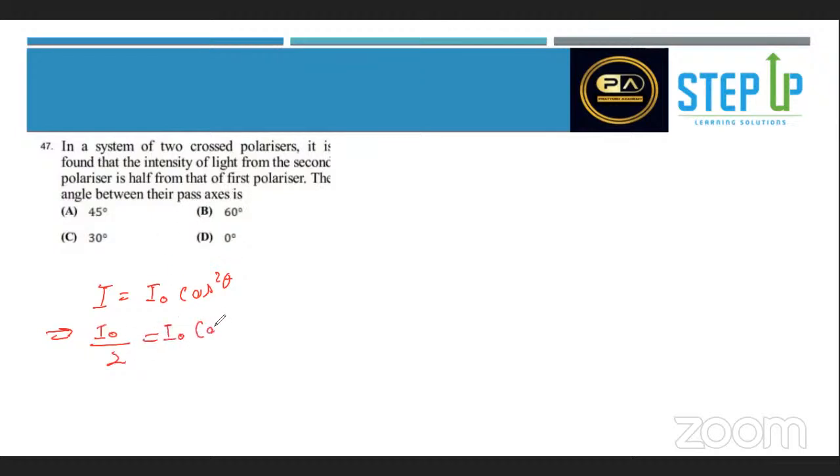So I naught by 2 equals I naught cos square theta. From here this gets cancelled, so I need to find out cos theta. So cos theta will become 1 by root 2, and cos theta is 1 by root 2 for theta equal to 45. This is Malus law.